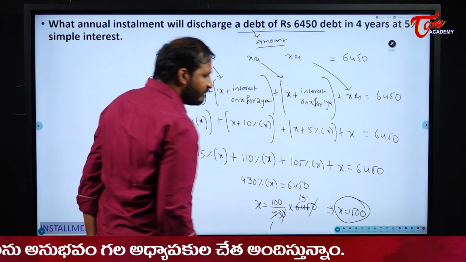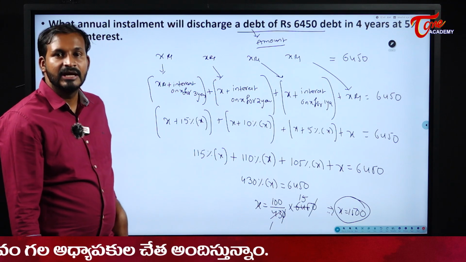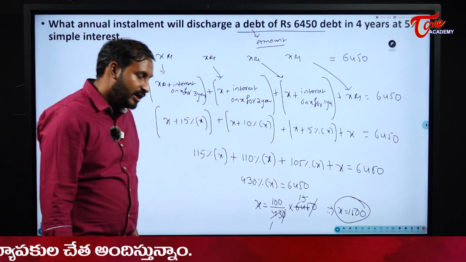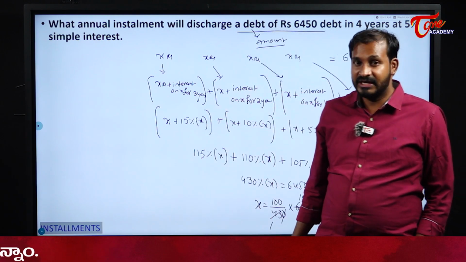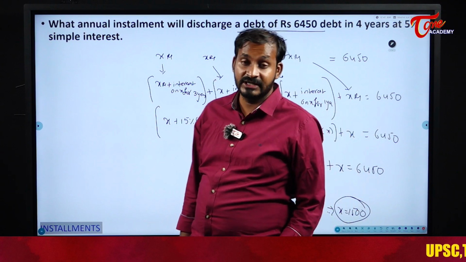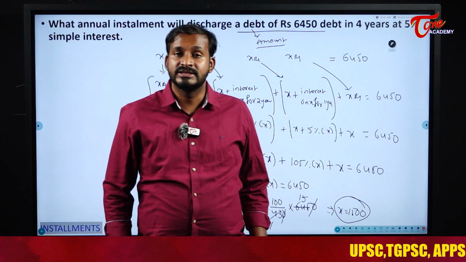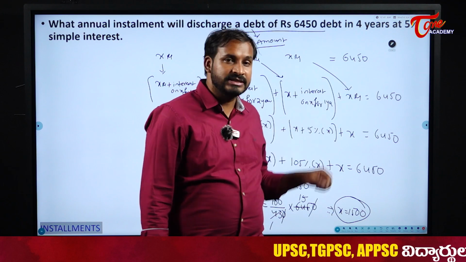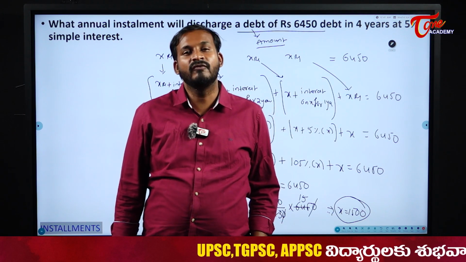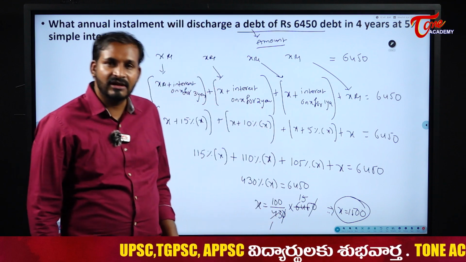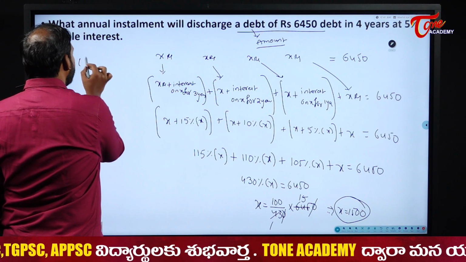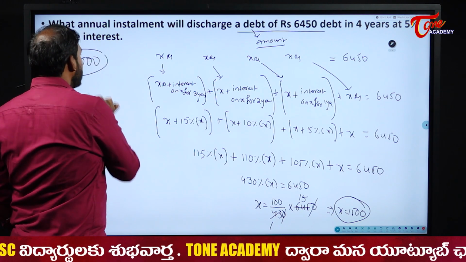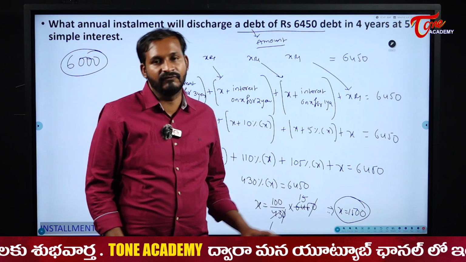So every year you need to pay an installment of 1500. Now, most of the students will get one doubt. Sir, every year he is paying 1500, so how much is he paying? 6000. But the amount here is 6450, sir. How is it matching? See students, that is the logic of installments. You will think that you are paying only 6000, because every year's installment is 1500.